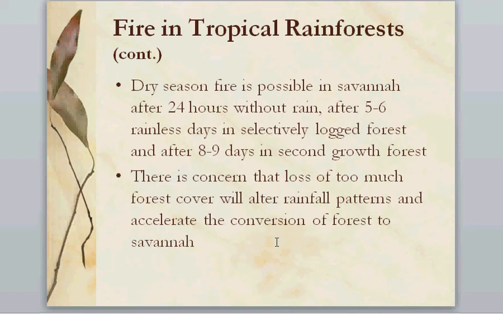So if you cut down that forest, it dramatically decreases the transpiration rate, and that means the amount of rainfall is also going to go down. If the amount of rainfall goes down, then the chance that the remaining forest will burn will rapidly increase.